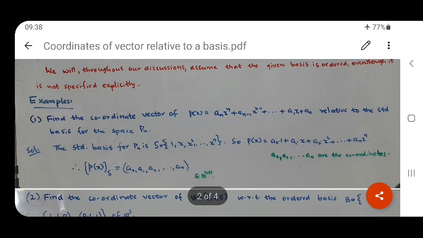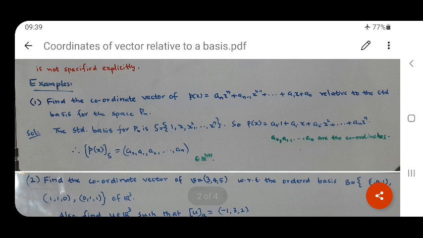Find the coordinate vector of p(x) equal to the nth degree polynomial relative to the standard basis for Pn. Then the standard basis is 1, x, x square, ..., x power n. We assume that this basis is ordered. Then p(x) is a0 into 1, which is the first element of the basis, plus a1 into x, the second element of the basis, etc., plus an into x raised to n.